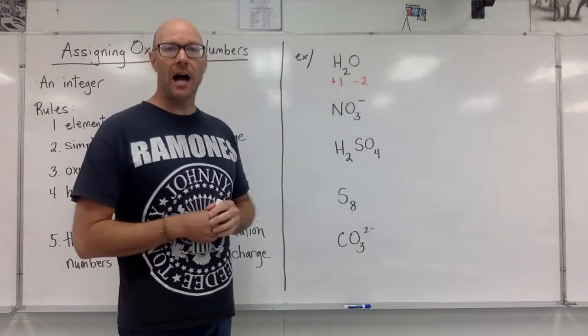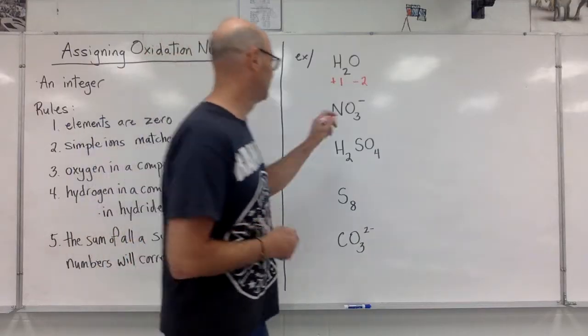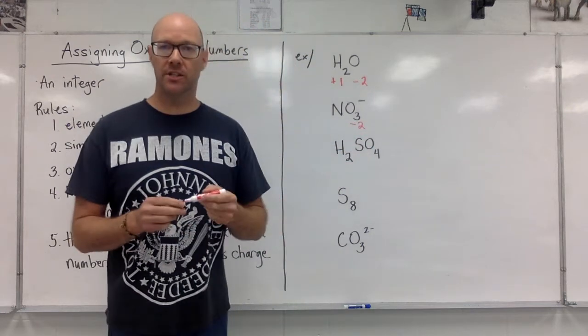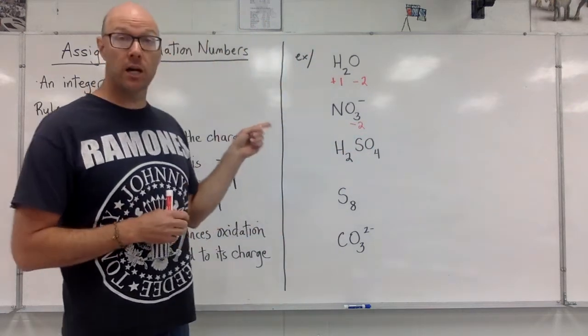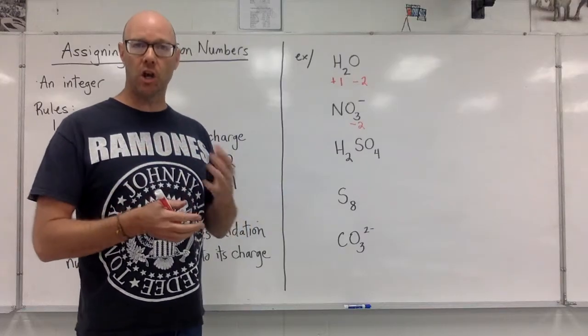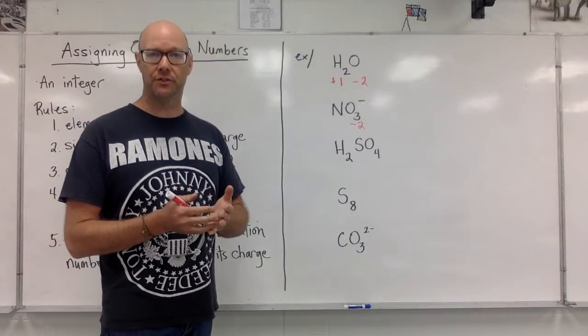I have nitrate ions next. Oxygen is -2, but there's 3 oxygens, -2, -2, -2. The total of the oxidation numbers for just the oxygen is -6.